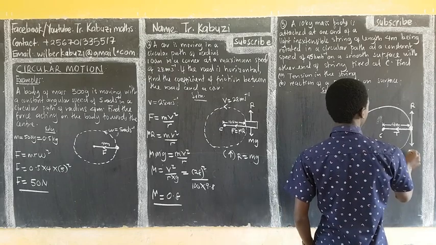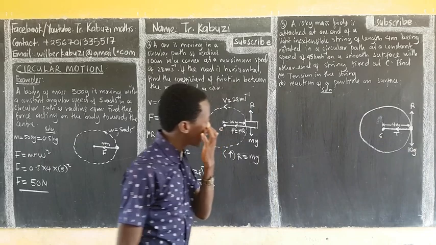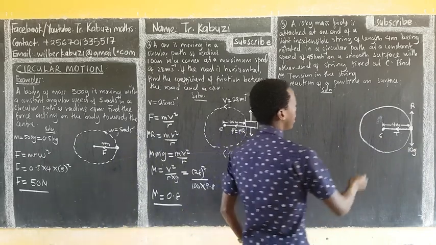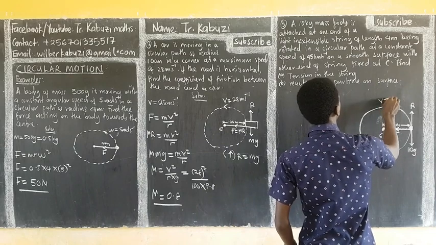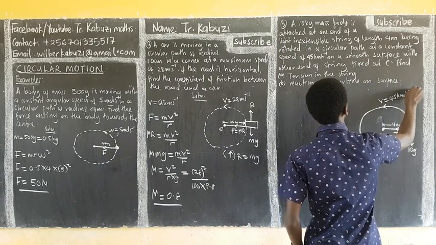And then we are going to have our weight as the mass times g. So that's what we are rotating around. It's moving at a velocity of 45 kilometers per hour.